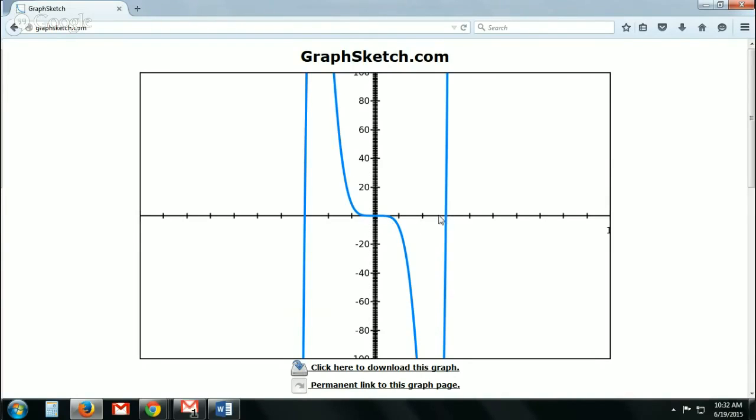Then over here at positive 3, we're going through from one side to the other for that one as well. Odd multiplicities we pass through, even multiplicities we bounce off of. Notice that the picture was pointed down on the left-hand side, up on the right-hand side. So knowing that we had an odd degree and a positive leading coefficient did tell us left and right-hand behavior.